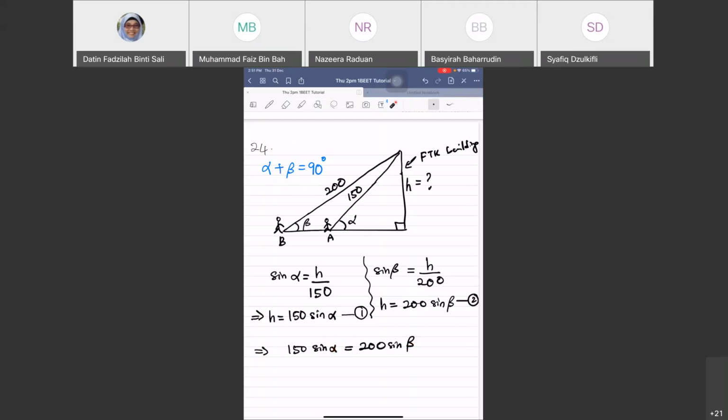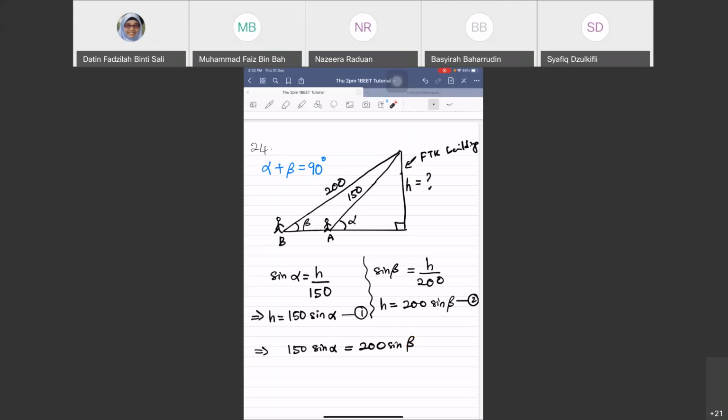Or you express it as beta equals 90 degrees minus alpha, then you substitute into here and solve for alpha. It doesn't matter which one, it's up to you.